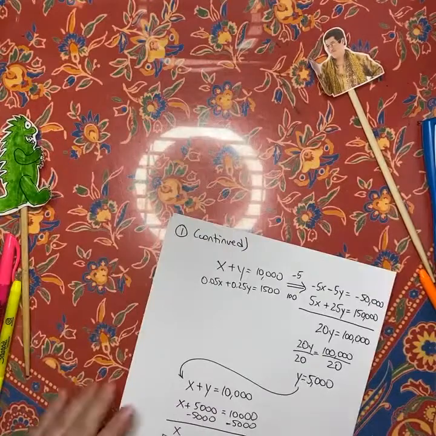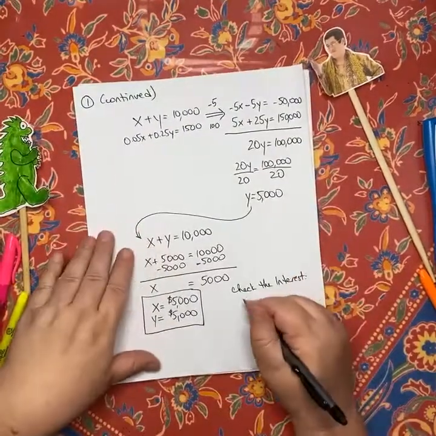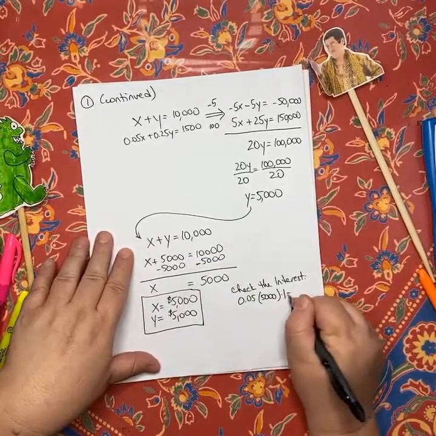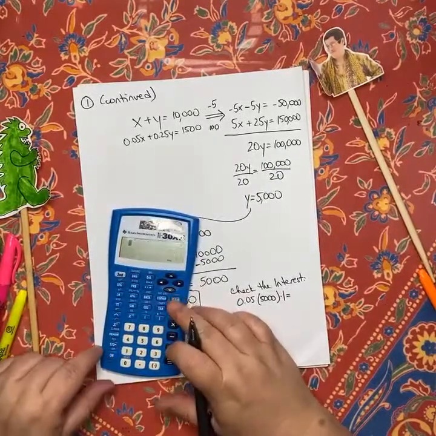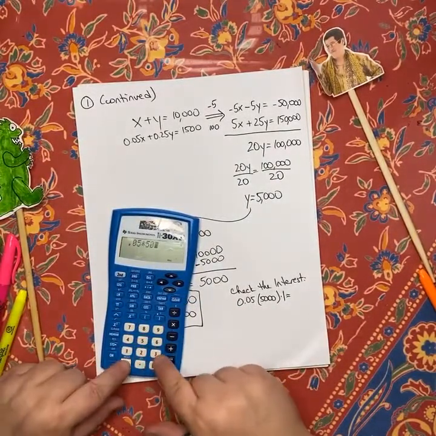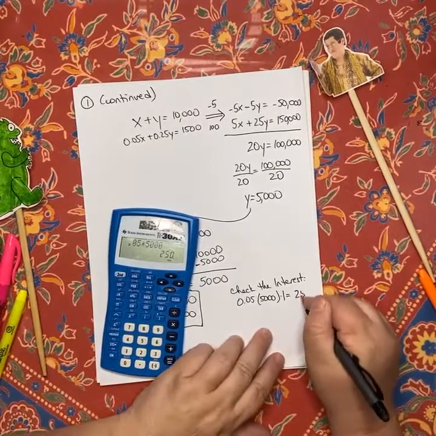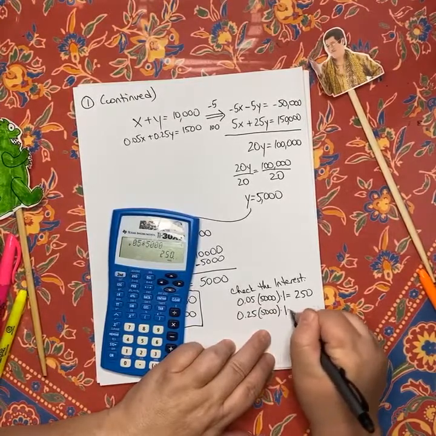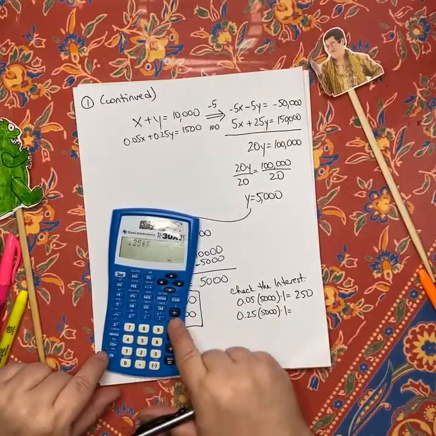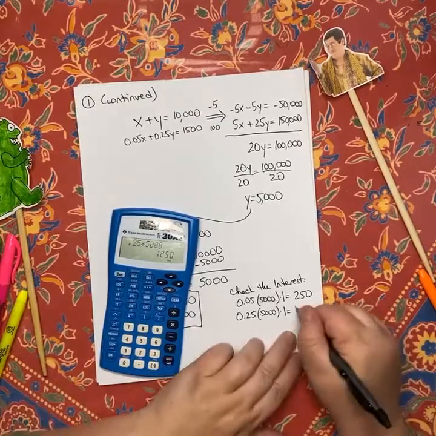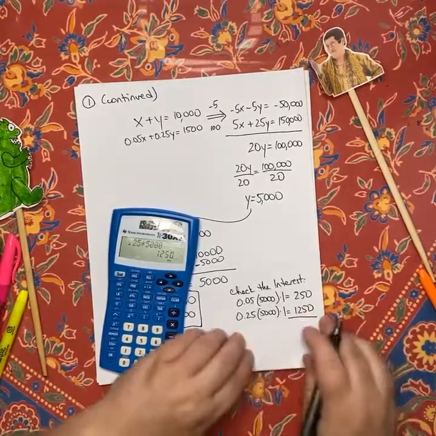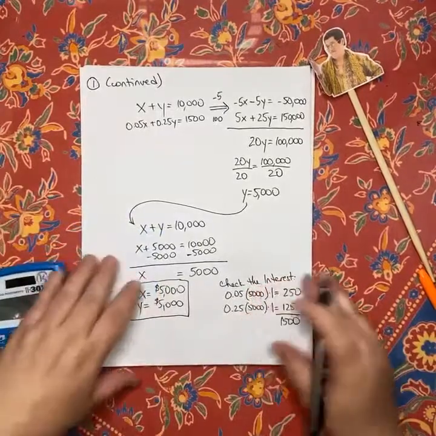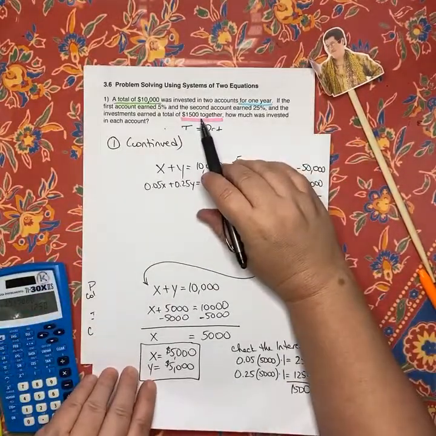Okay, so x was at 5%, so 0.05 times 5,000 is 250, and 25% of 5,000 for y is 1,250, and if we add them together, we get 1,500. That's the interest they were supposed to earn.